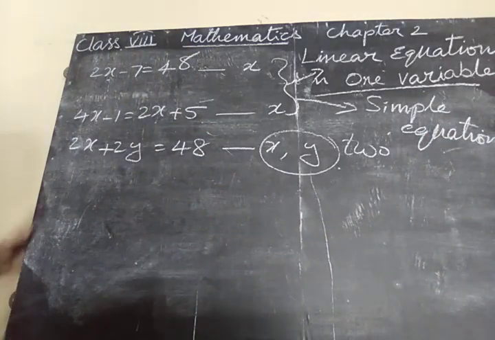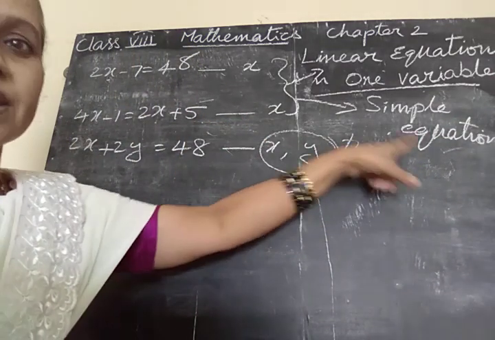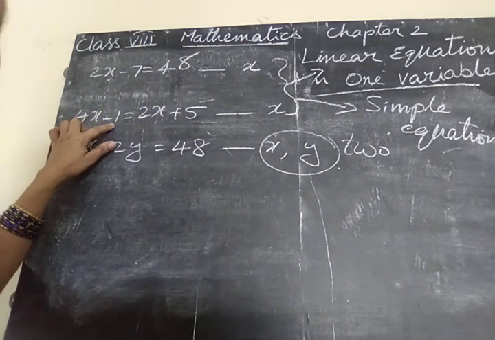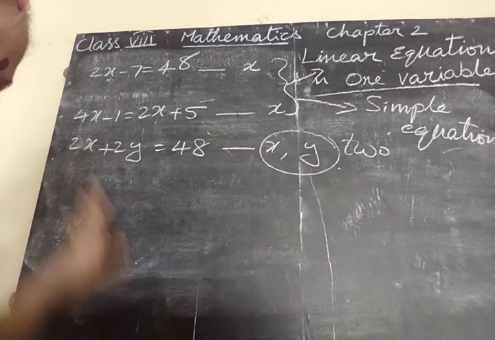Linear equation in one variable is also called a simple equation. Understood, children? So these are the examples for simple equations or linear equations in one variable. Understood?